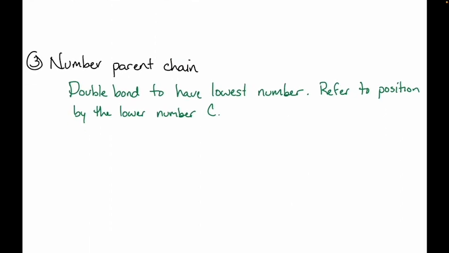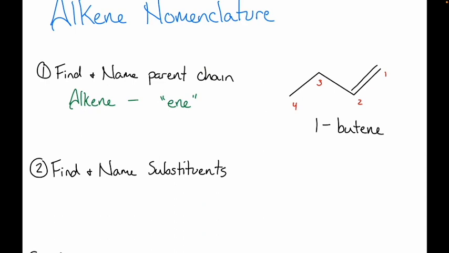Then step 4, same as always, is just to assemble the name. We don't have any substituents, so we're done here. This molecule right here would be 1-butene. So we've got a new suffix for our new functional group, ene, and now we have this added complication where we actually have to indicate the position of that functional group in our molecule.